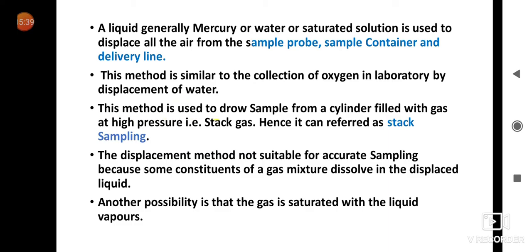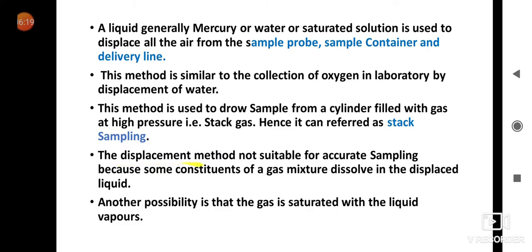This method is used to draw a sample from a cylinder filled with gas at high pressure. Stack gas means compressed gas, compressed into the cylinder at high pressure, hence it can be referred to as stack sampling. Another name of this method is displacement method.